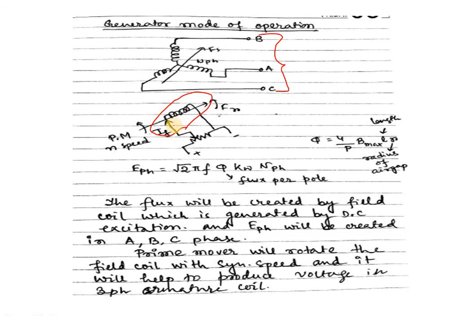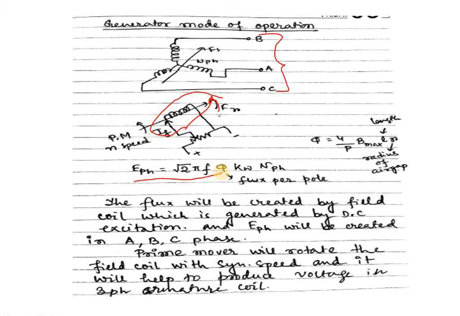That means a field current is created and a force Fr is created here, and for this our EMF will be root 2 pi f phi kW NPH. Like any AC machine, the EMF will be 2 pi f phi kW NPH.